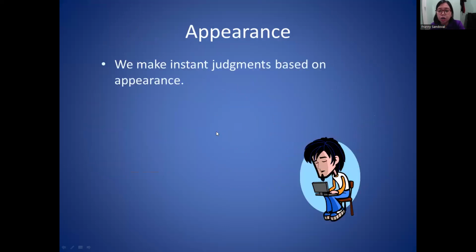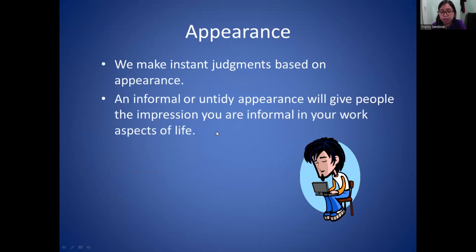Appearance. We make instant judgments based on appearance. An informal or untidy appearance will give people the impression you are informal in your work aspects of life. So, dress accordingly.